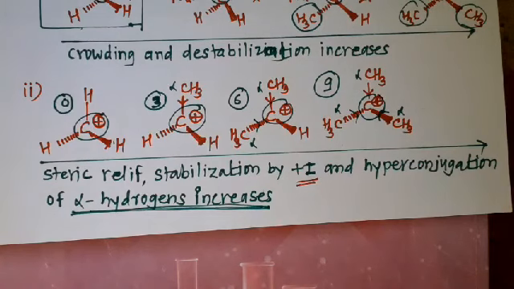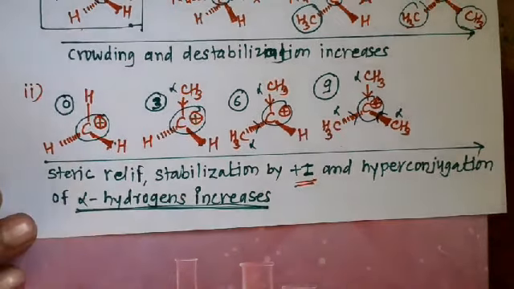And what is the alpha carbon? The alpha carbon is the carbon which is directly attached to the functional group, or to the positively or negatively charged atom, and the hydrogen attached to that alpha carbon is called an alpha hydrogen.